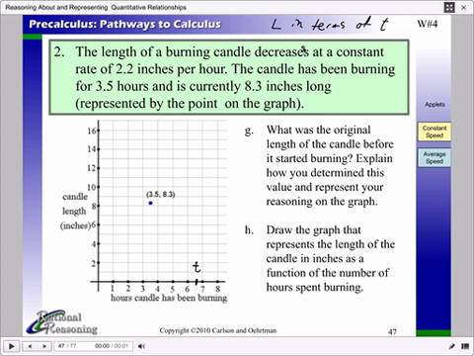Make the lap for questions. You all should be able to do this. So it's not 6 point whatever I'm saying. T can be any time since it started burning.